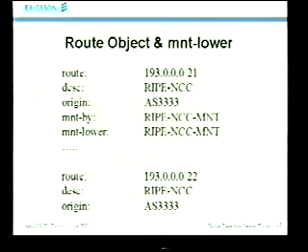What am I talking about there? You see this origin AS333. Somebody wants to create a route object underneath this route space and with its origin. There are several authentication checks that must be passed. One is due to a less specific route object, and the other is from the aut-num object.